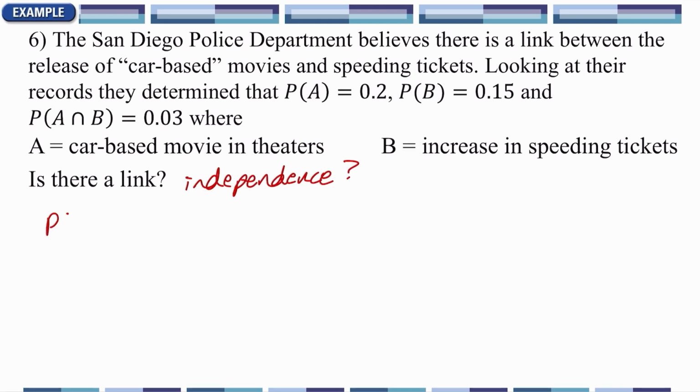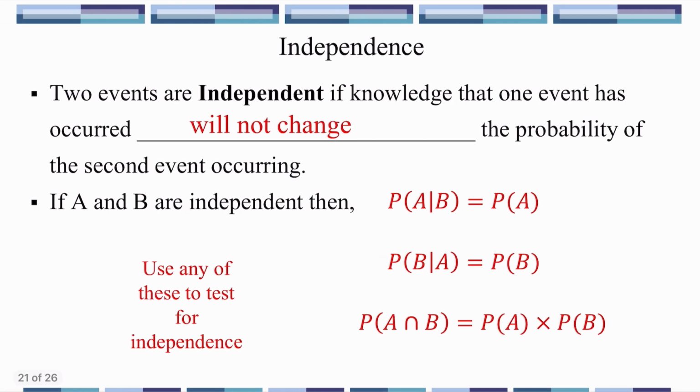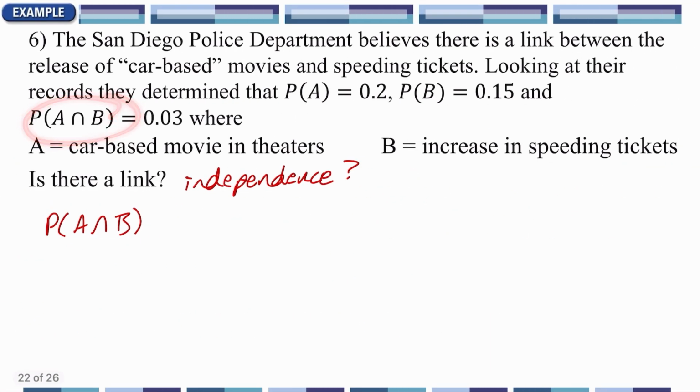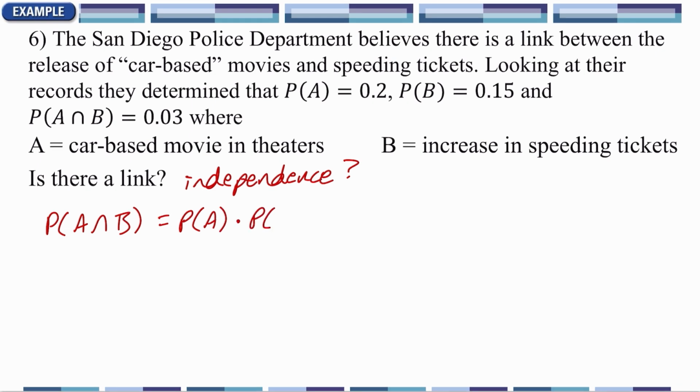So we want to say the probability of A intersect B. We're basically using this version of the test since we have that. Probability of A intersect B is 0.03. So we want to test to see if that's the same thing as probability of A times the probability of B. So we're looking at 0.03. Is that equal to the probability of A, which is 0.2, times the probability of B, which is 0.15?